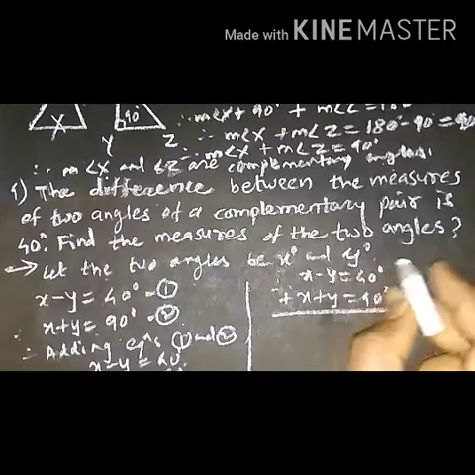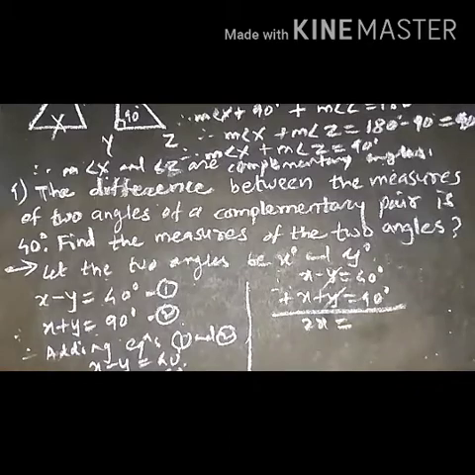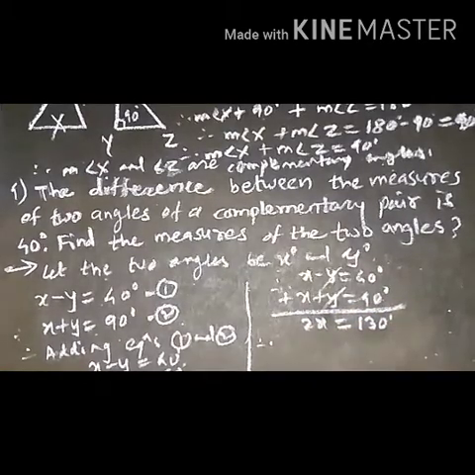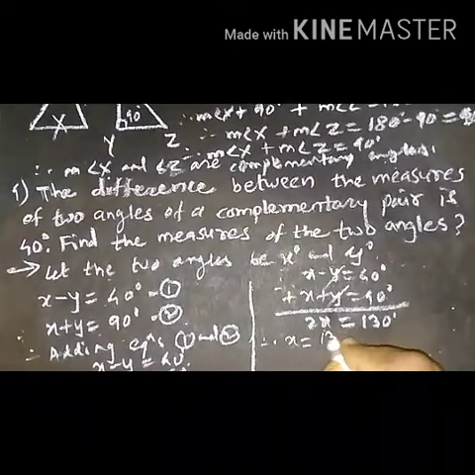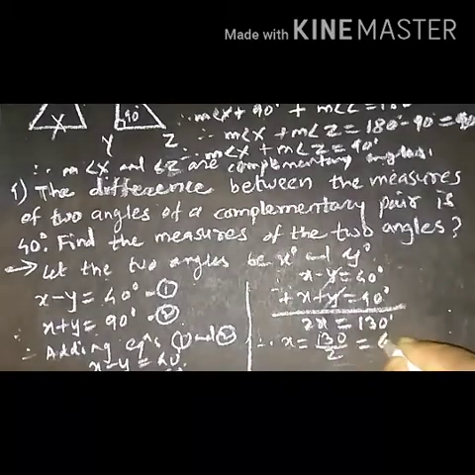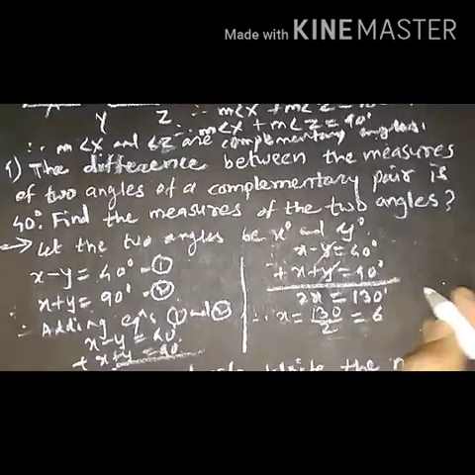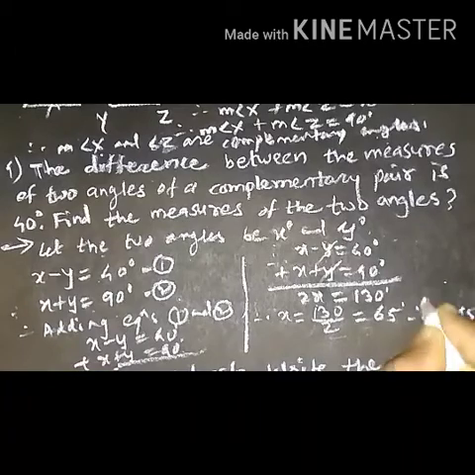So plus y and minus y get cancelled. x plus x is 2x, and 90 plus 40 is 130 degrees. So here 2 is multiplied to x. After shifting, x is equal to 130 divided by 2, that is 65. Therefore x is equal to 65 degrees.